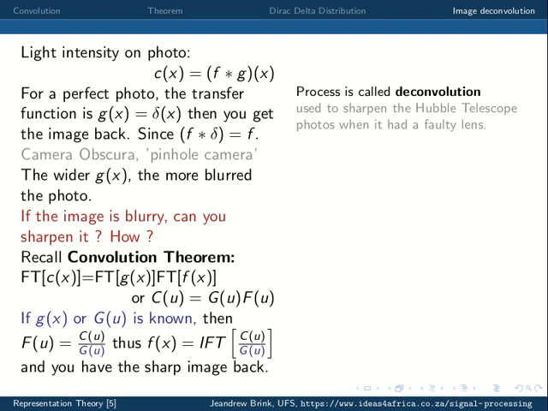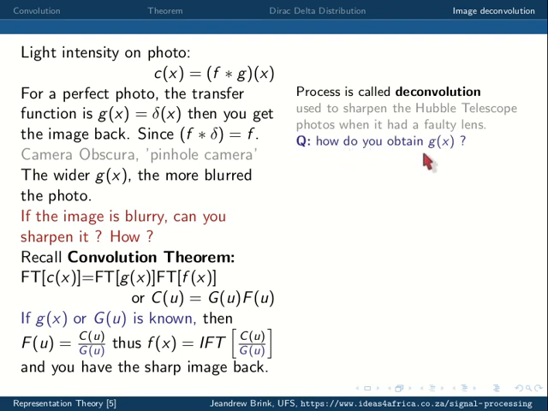They took that image and assumed that it was the transfer function. Then they took the Fourier transform of that transfer function and divided all future images by it and did the inverse Fourier transform, and that's how they fixed the problem, at least temporarily. Very, very clever.